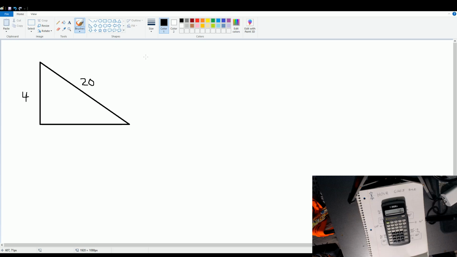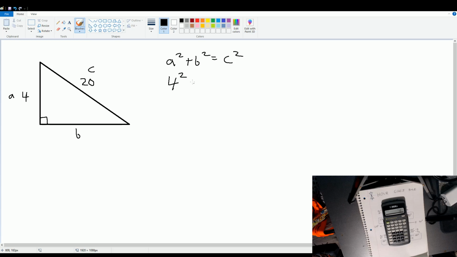We do know that a squared plus b squared is equal to c squared. Let's label these A, B, C. C will always refer to the side directly across from the right angle, the hypotenuse.